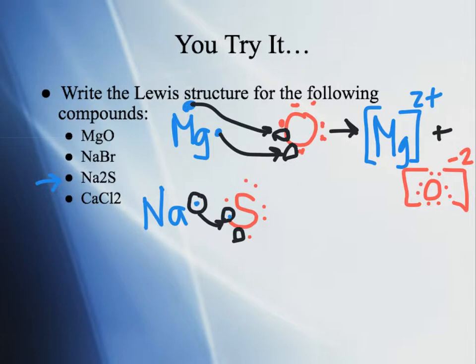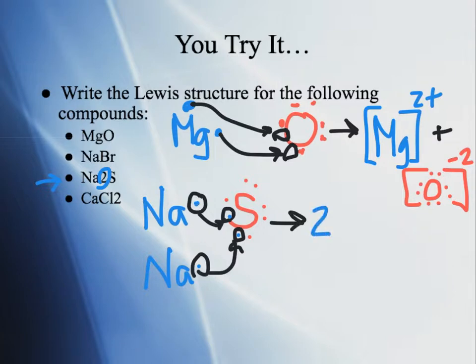So that's why it says Na2S. We need 2 sodiums to come over with their dots to transfer their valence electrons and give them to sulfur. So it now has a complete octet. So we need 2 sodiums for every 1 sulfur atom. So let's write the final product.